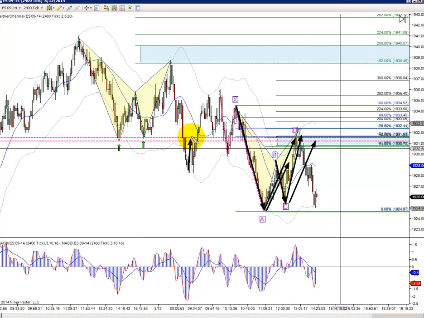We also took this swing up here and put an equivalent swing here, and this one too. So what that ended up doing was giving us a zone. In addition, we had marked off these swing lows and drew a horizontal line across, and you could see these are important spots to watch on your chart.